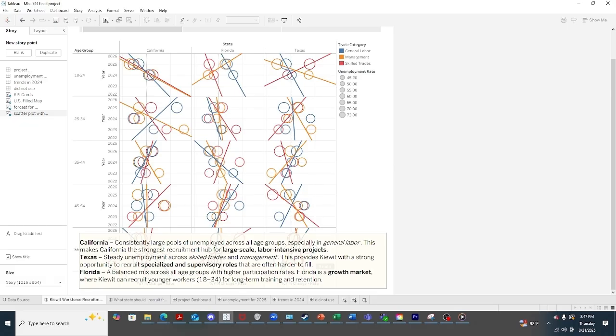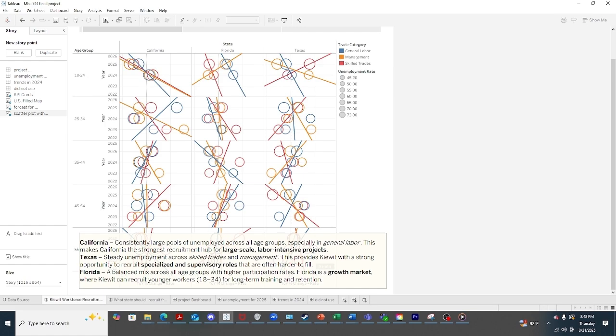So in my conclusion, this tabular analysis provides a visual, data-driven roadmap for Kiewit's recruitment strategy. By continuing to focus on Texas, which in my paper I say is one of the ones they're already recruiting from, one of the top 3 states, but they should expand into California and Florida.